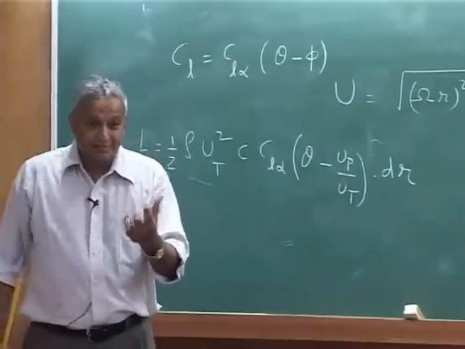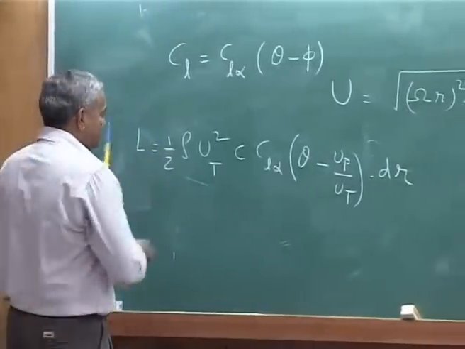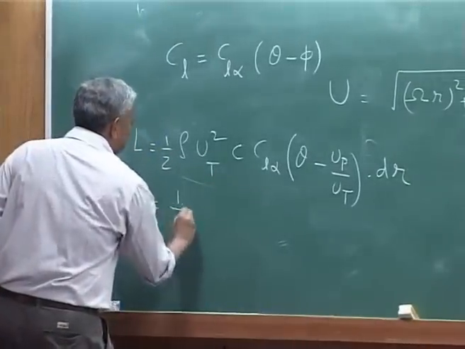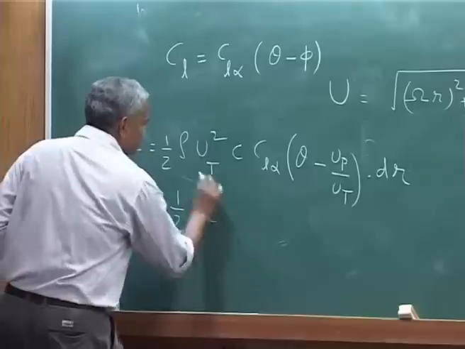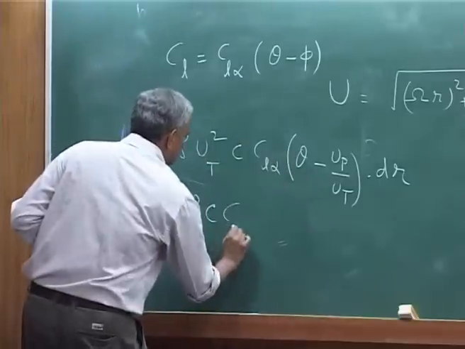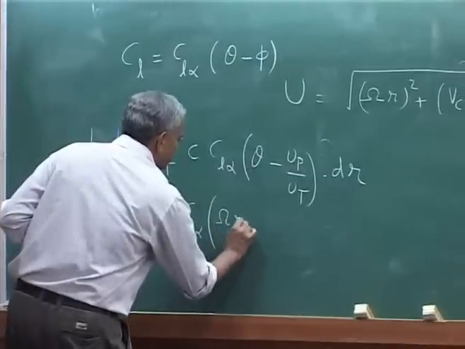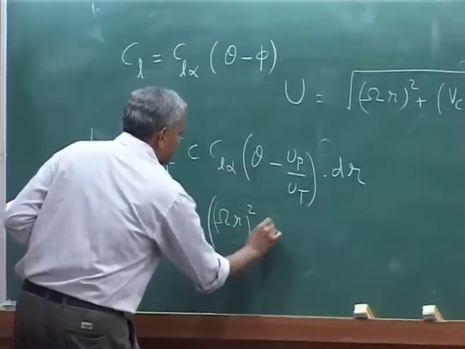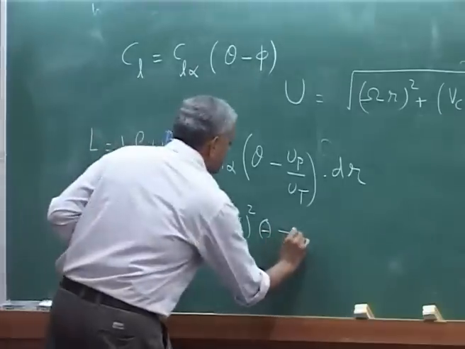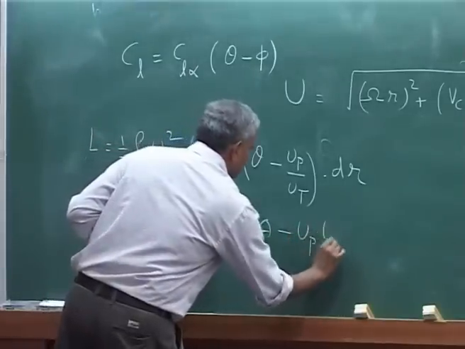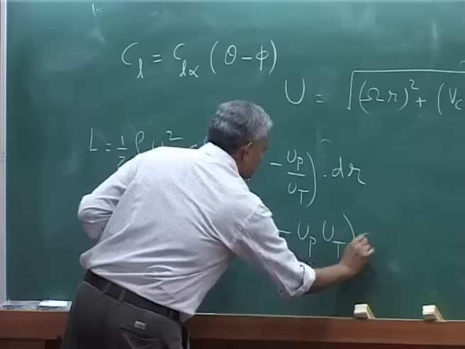Now, you see this is much easier if I take the half rho c ut square inside. So, you will have CL alpha, ut square is omega r, times theta minus up over ut.